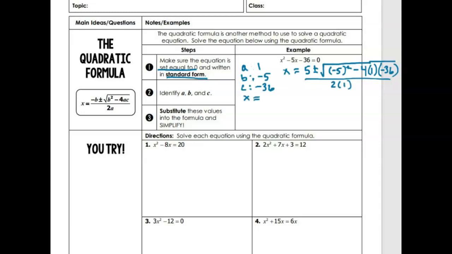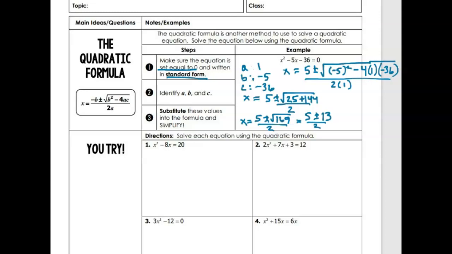Now, I suggest simplifying what's underneath the square root first, so you can see we'll get 25 plus 144, and then we can simplify that and take the square root. In this case, that happens to be a perfect square, so the square root of 169 is going to be 13. And then at this point, we're going to have two answers.